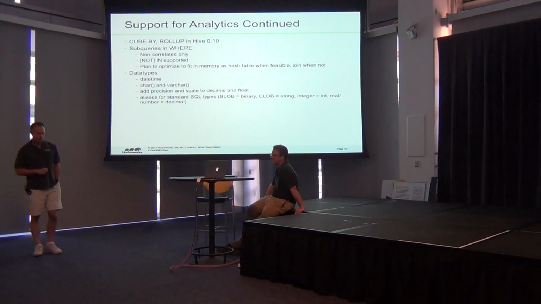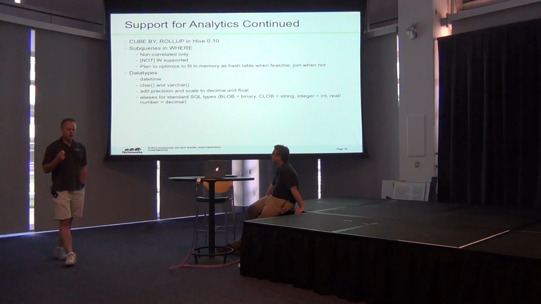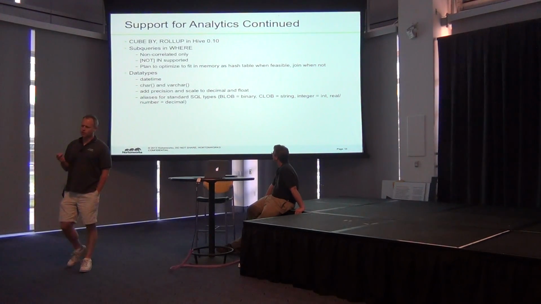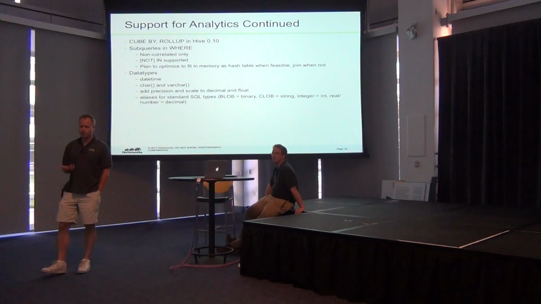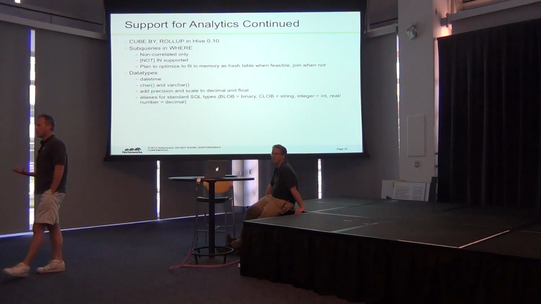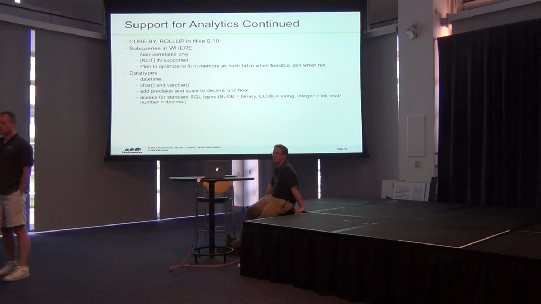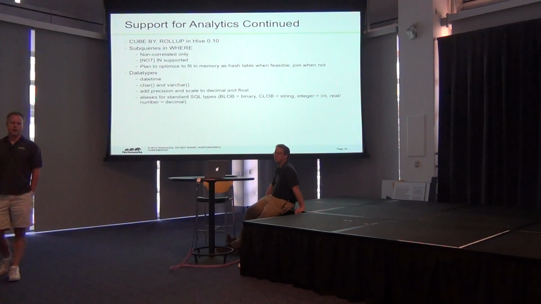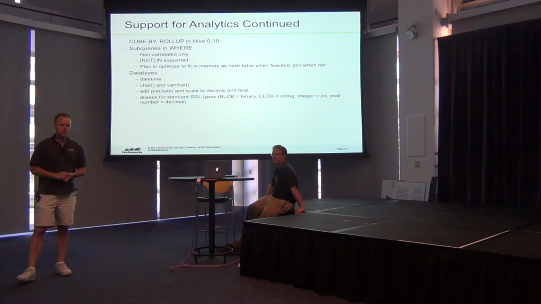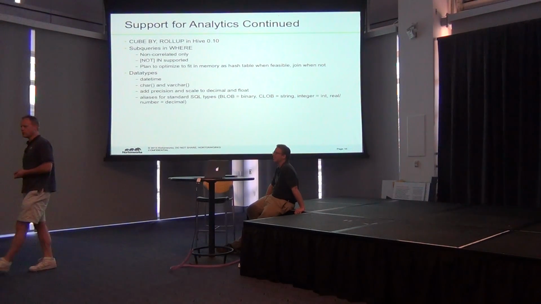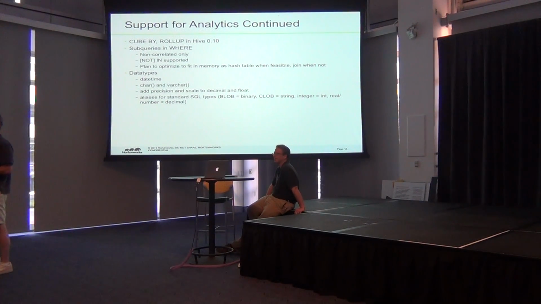And then finally, we want to add new data types. A big issue that a lot of people encounter when they try to connect Hive to their systems or just give it to analysts who are used to SQL. Hive has a Java type model, right? It thinks in string, int, float, that kind of stuff. And when you give this to a SQL power user, they think in varchar and datetime and all these things that Hive doesn't have.